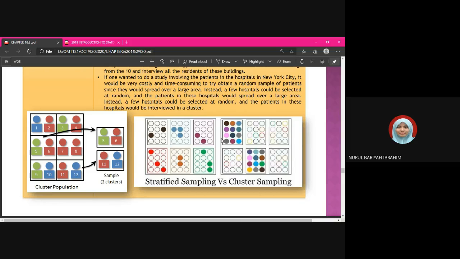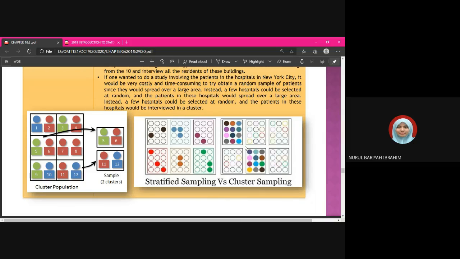Okay, so from this 6 cluster, we only select 2 cluster saja. Kita pilih cluster. We select 2 sample and then all the members in the selected cluster will be the samples. Okay, ini beza antara stratified dan cluster.